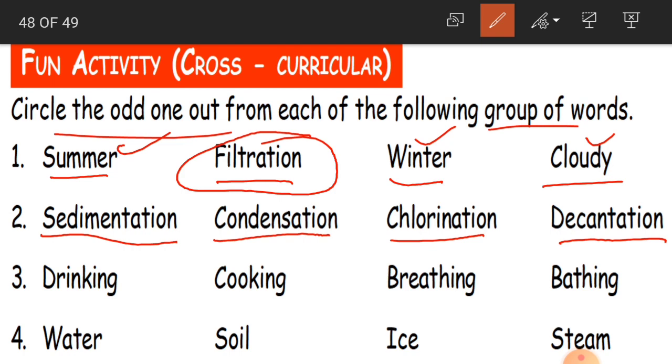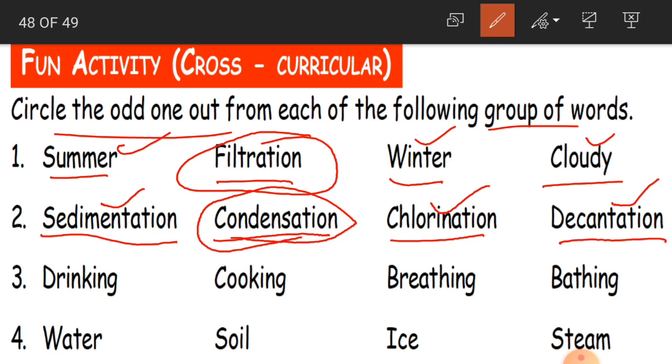See here, sedimentation, chlorination and decantation are 3 water purification methods, whereas condensation is a change of state of water, where water changes into water vapor. So that is why condensation is the odd one.